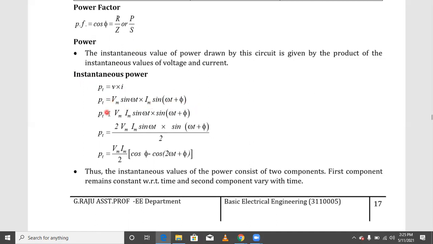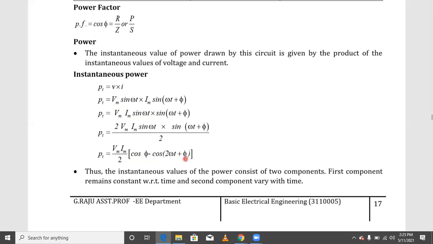This is called instantaneous power. Simplifying this expression, we get Vm Im by 2 into [cos φ minus cos(2ωt plus φ)]. The first component, Vm Im by 2 into cos φ, is independent of time. The second component, Vm Im by 2 into cos(2ωt plus φ), depends on time.